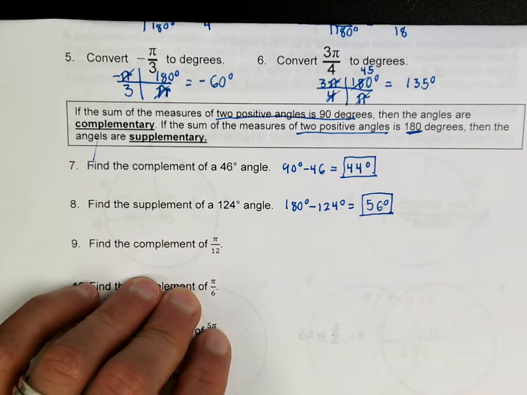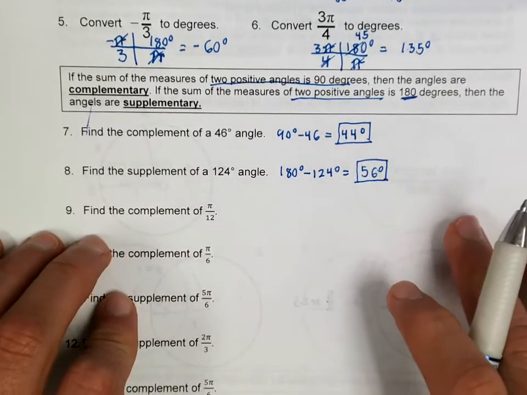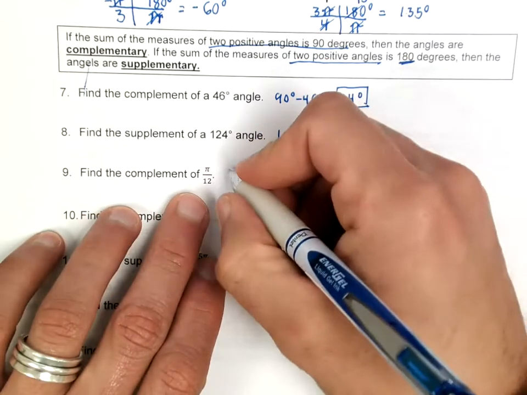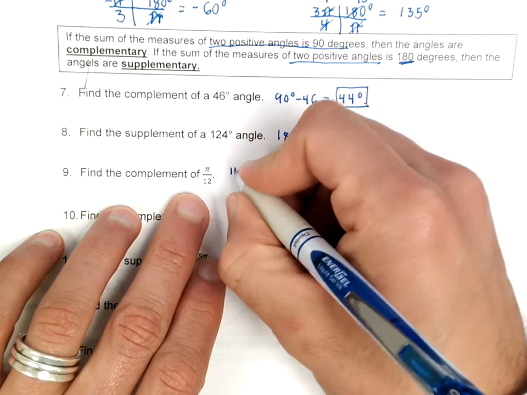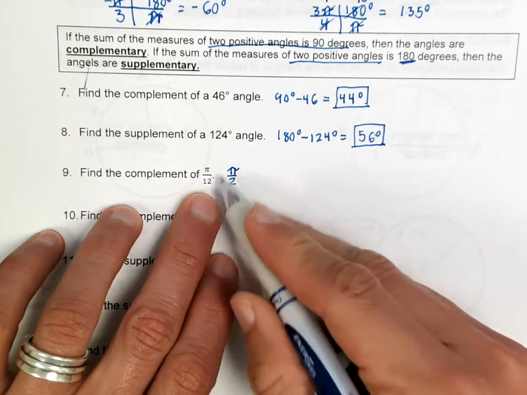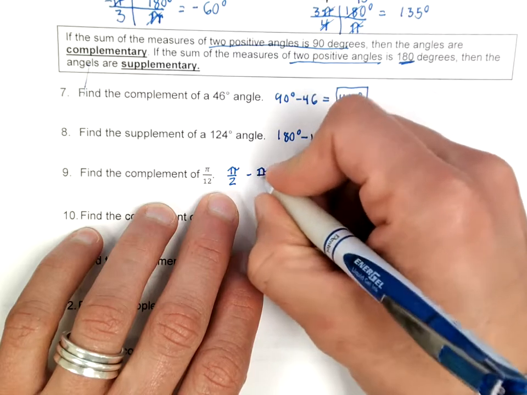To find the complement, now all of these from now on are in radians. Right? So if you see it like this, don't freak out, they're just in radians. So to find the complement, I would have pi over 2, and you may not know this, pi over 2 is 90 degrees. Alright, so it's pi over 2 minus pi over 12.